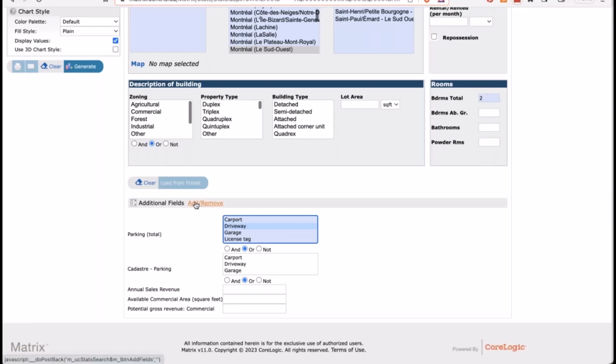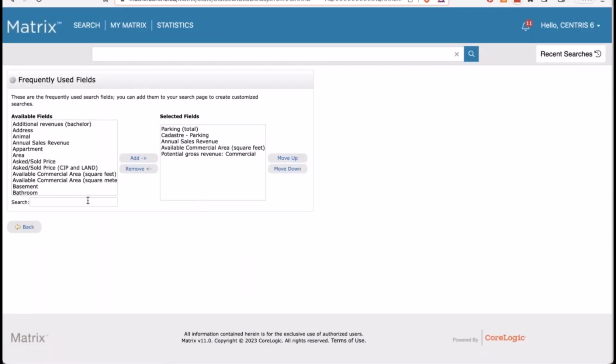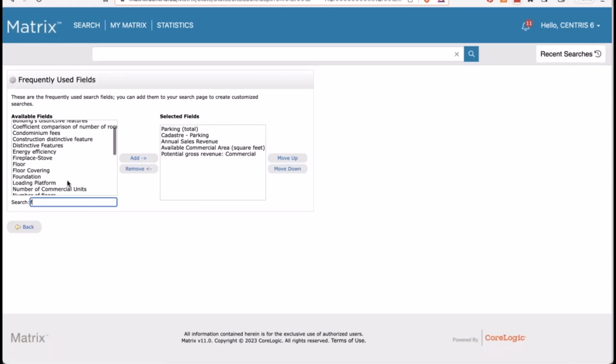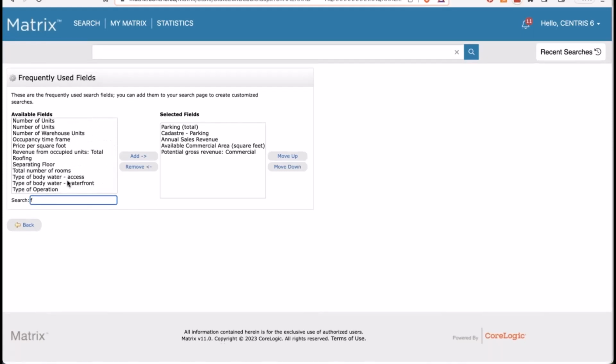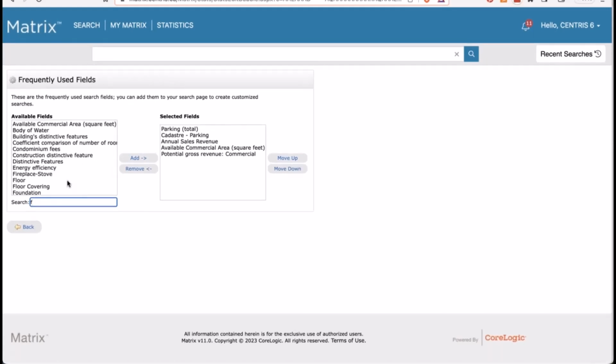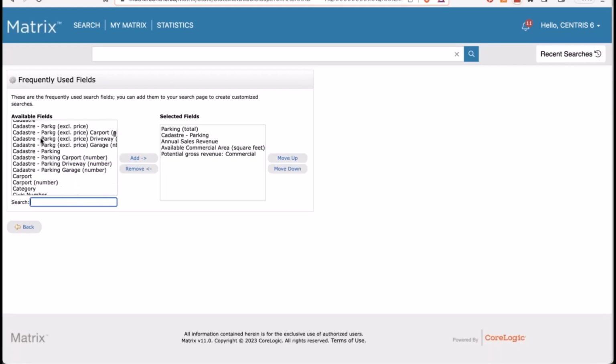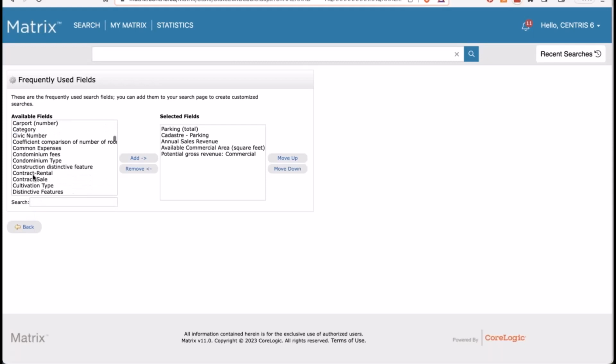So you can click on add and remove here, and you could add, so here, a parking with the cadastre, you could add that if you would like.